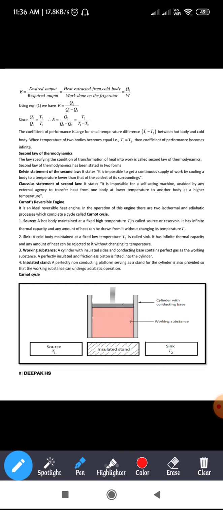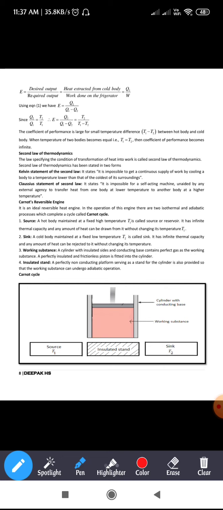Coming to the Clausius statement: it is impossible for a self-acting machine unaided by an external agency to transfer heat from one body at lower temperature to another body at a higher temperature. What does it mean? You know that heat always flows from a higher body temperature to a lower body temperature. When you have two bodies with different temperatures and bring them into contact, there will be a flow of heat from the higher temperature to the lower temperature.